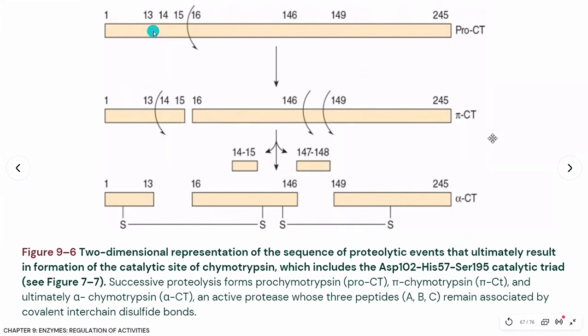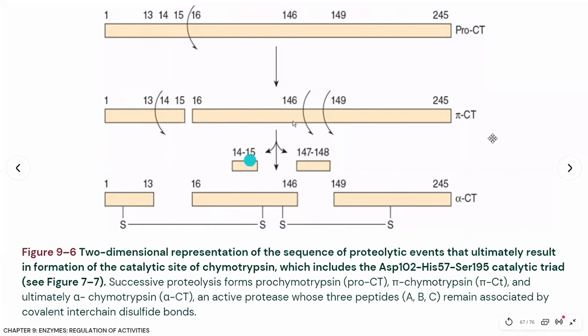between the 15th and 16th amino acid. So it cuts here. Then another enzyme comes in to cut 13 and 14. So you have here the 14 and 15, which are not used. This is the one that becomes active.